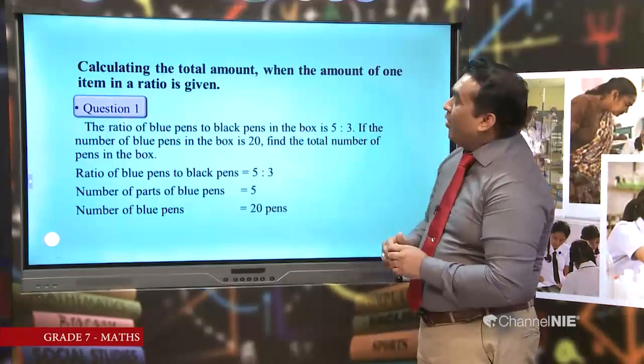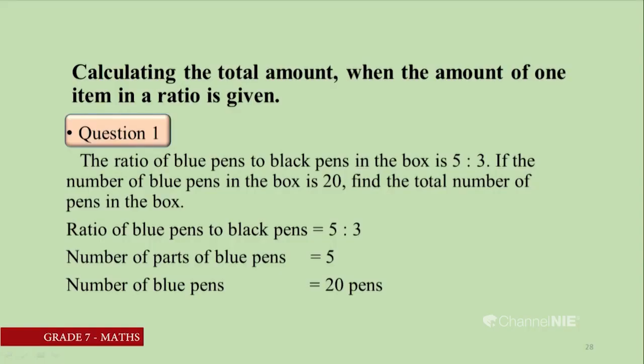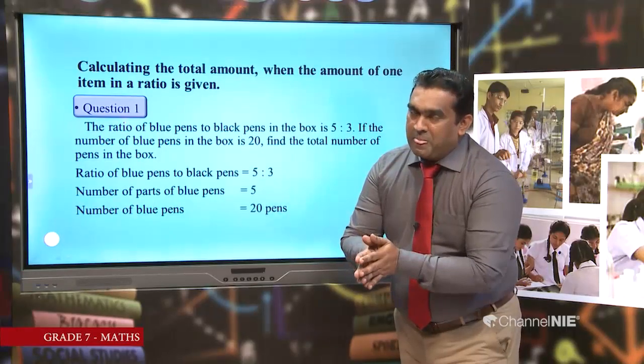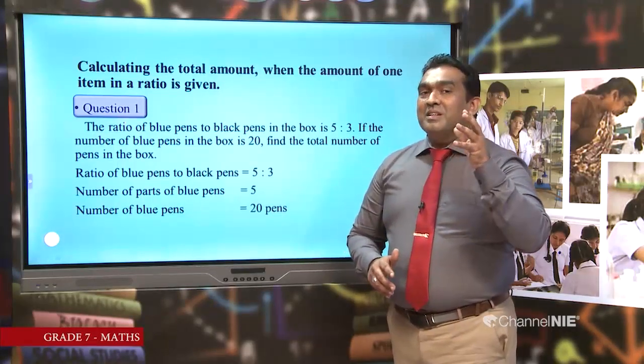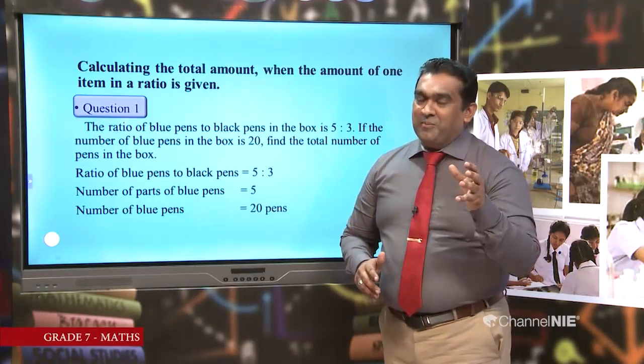The ratio of blue pens to black pens in the box is 5:3. If the number of blue pens in the box is 20, find the total number of pens in the box. We want to find out the total amount using a given amount.